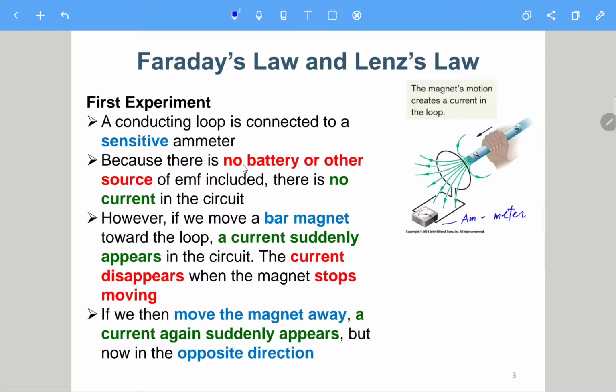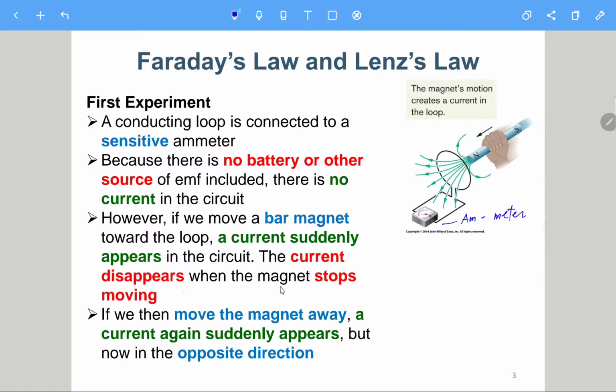Because there is no battery or other source of EMF, there is no current in the circuit originally. If there is no magnetic bar, then there shouldn't be any current. However, if we move a bar magnet toward the loop, a current suddenly appears in the loop.